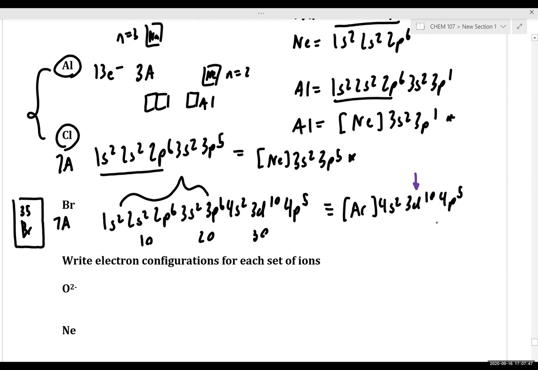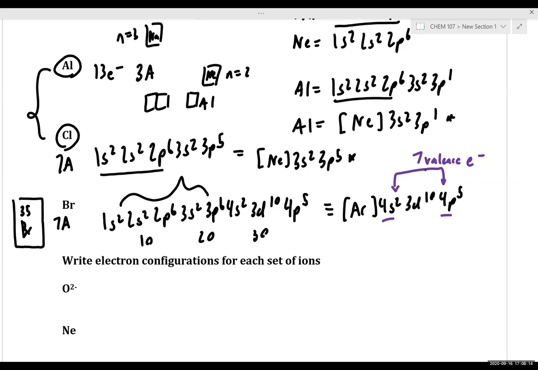Which of these electrons are in the outermost orbital with the largest n value? 4s2 and 4p5. Yep, exactly right. And if we add up our valence electrons, we see that we have 7 valence electrons. These 3d electrons are core electrons, and they aren't as accessible for chemical reactions.